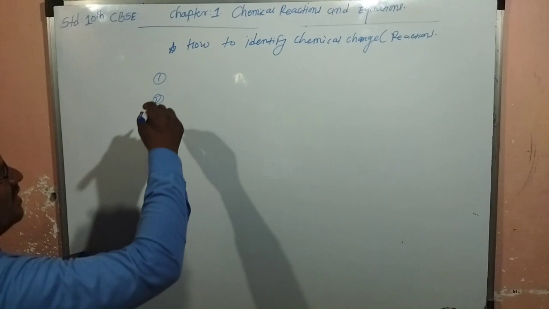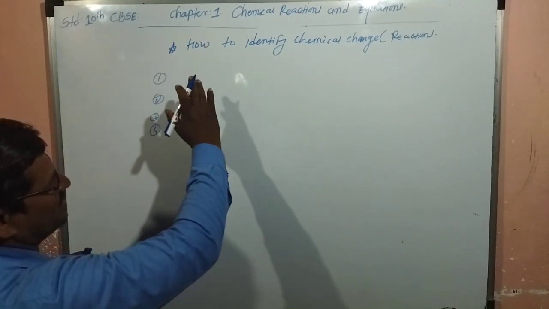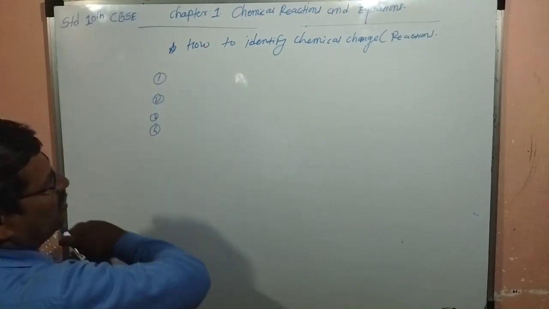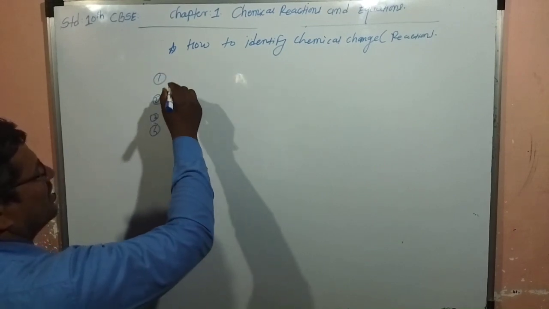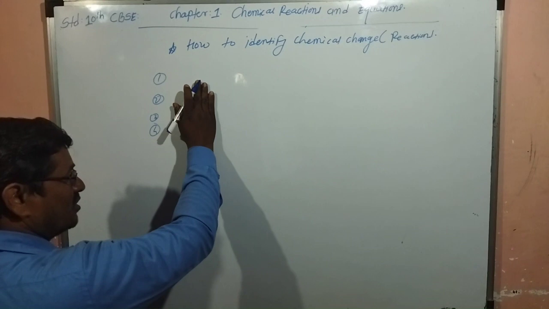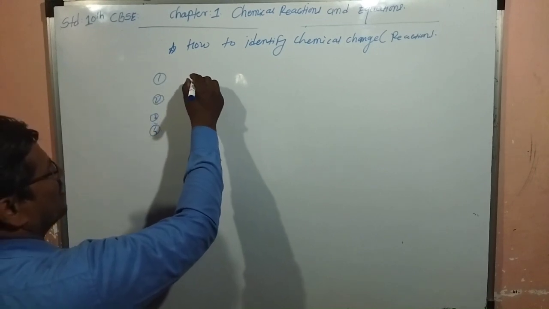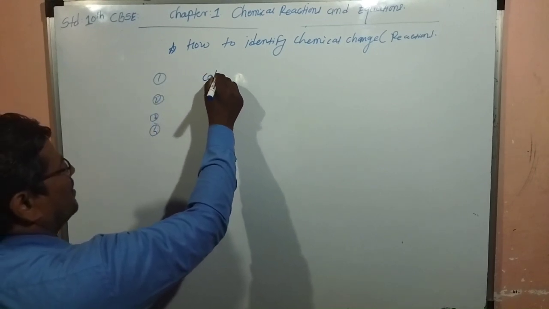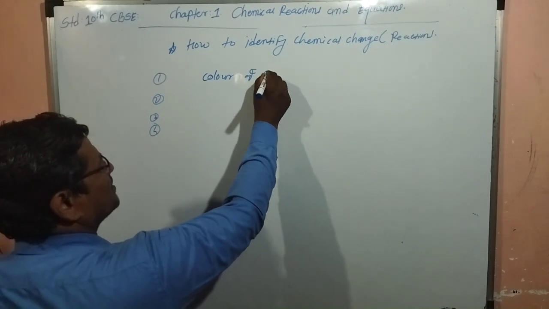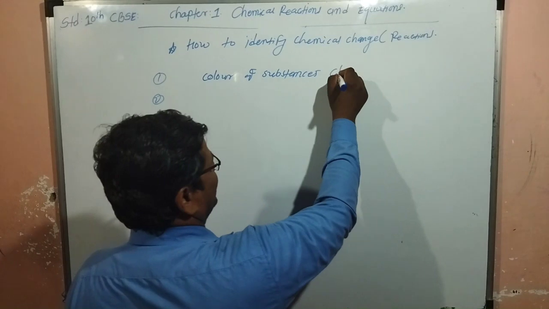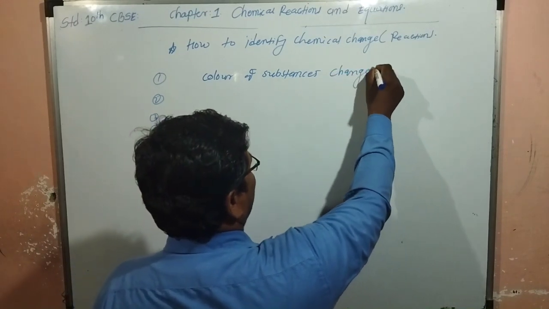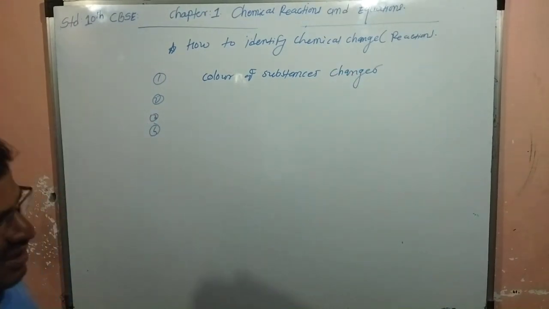If these things are happening, then only a chemical reaction takes place. So to identify chemical change, you have to do observation. First thing is the color of the substance changes. If a chemical reaction takes place, the color of the substance changes.